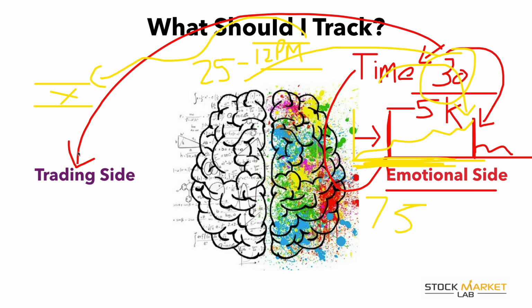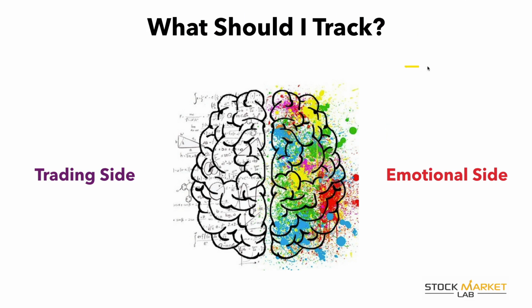And that's why when you track both of these and you're very self-aware, you're going to start realizing these small little mistakes, and these small little mistakes compound. For example, let's say you have one bad trading month, you're down 5 grand because of a lot of very stupid trades, because you're overtrading, because you're sitting in front of your computer for 5 hours, and after 5 hours, you're forcing yourself to trade.